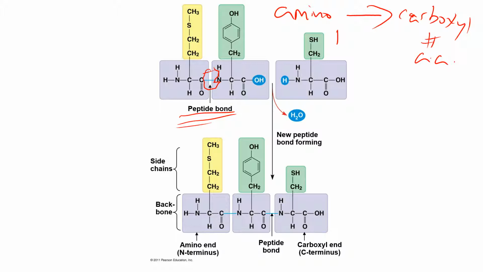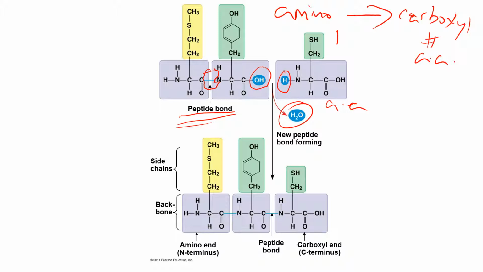Now, again, coming back to the idea of synthesis of biological molecules. Here, your pre-existing peptide has a free OH group. Your new little amino acid here has a free hydrogen as part of its amino group. So you can basically pluck off a molecule of water and form your peptide bond.